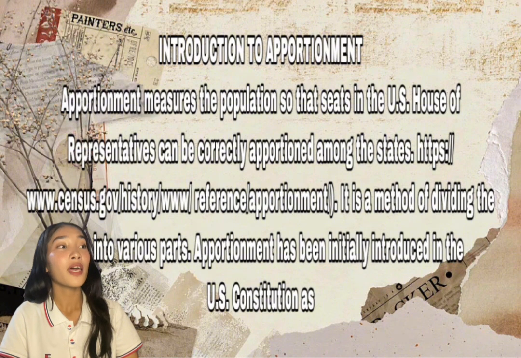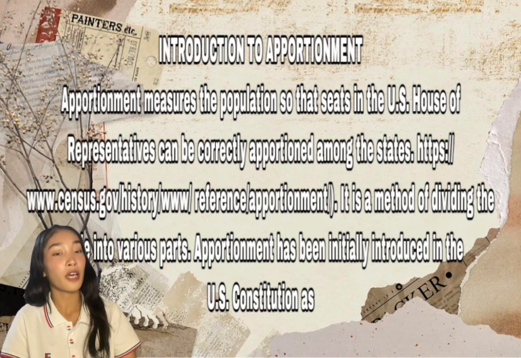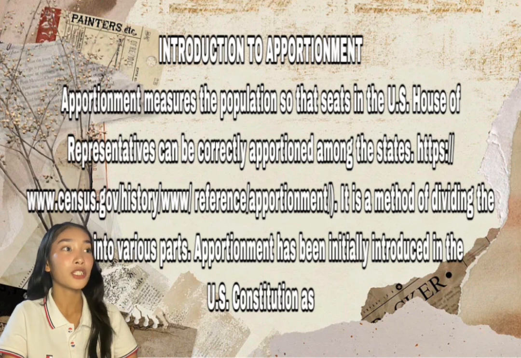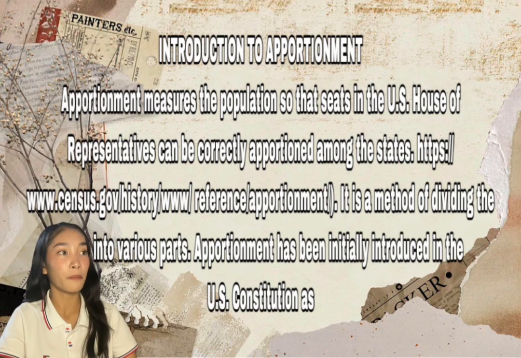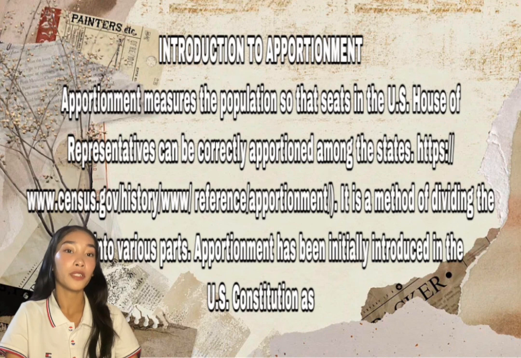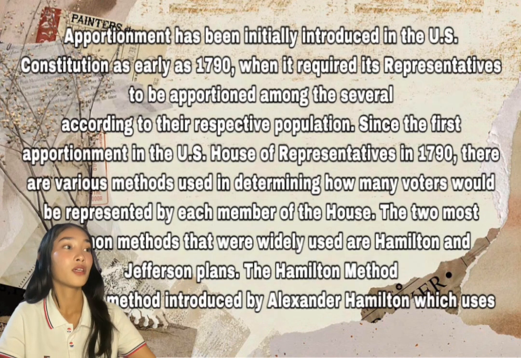Apportionment is the action or result of apportioning something, an exercise in apportionment of blame. It is the determination of the proportional number of members a state stands to have in the House of Representatives based on population figures.